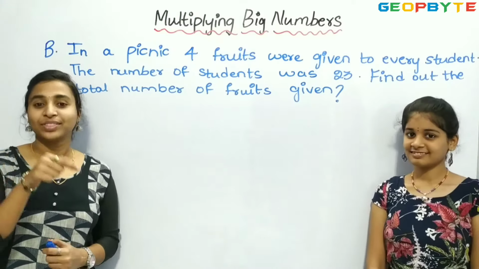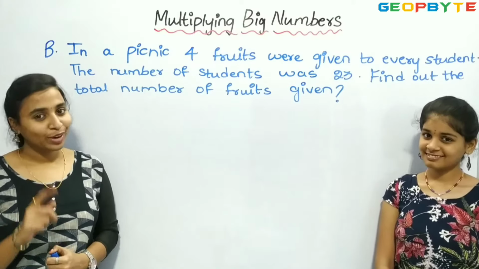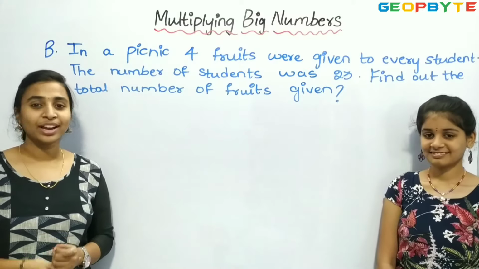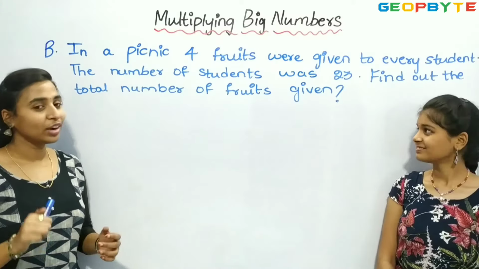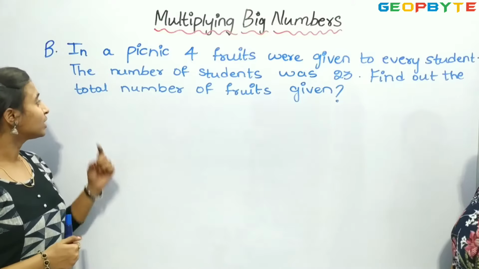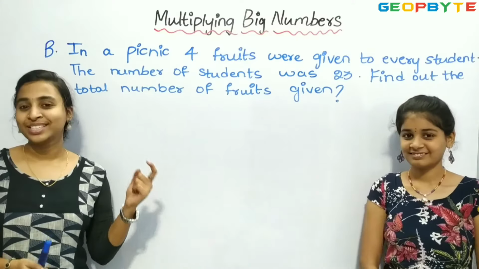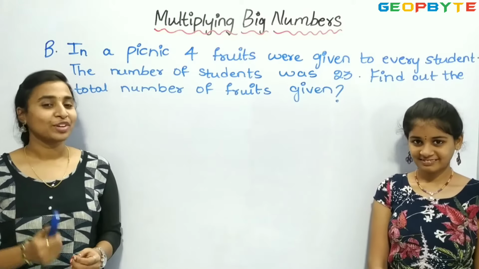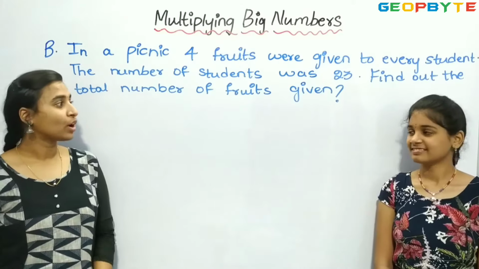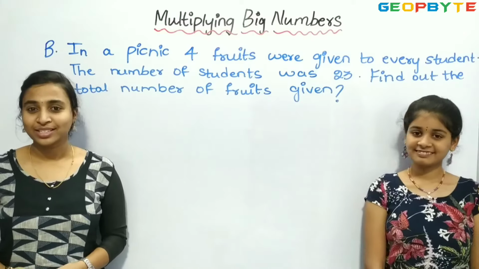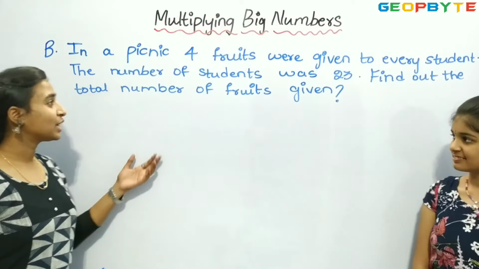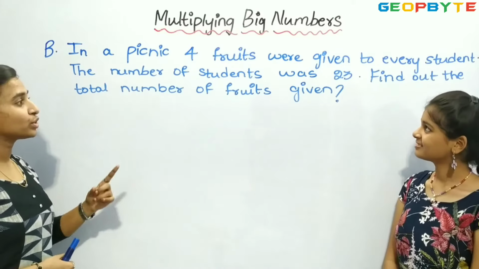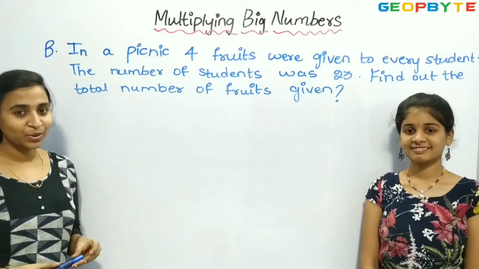So children, there are a total number of 23 students, and for each student they have given 4 fruits. So what we need to find? Find out the total number of fruits given. So we need to find out how many fruits were given to the total number of 23 students. First, let us write the given information. We have in a picnic 4 fruits were given to every student.